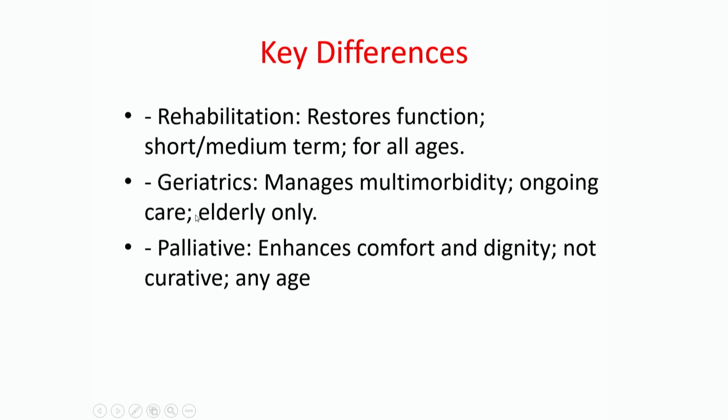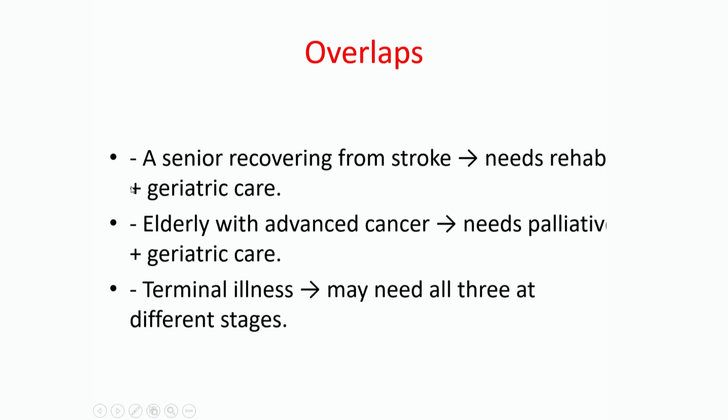And geriatrics is mainly for old age people. Rehabilitation can be for any age. It can be short term, medium term, or long term, depending on the disease. Overlap: a senior recovering from stroke, paralysis, needs rehabilitation and geriatric care.